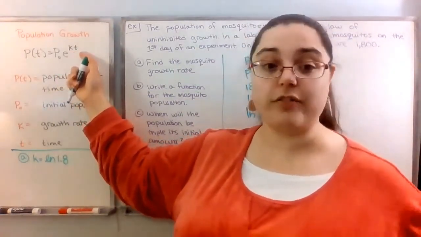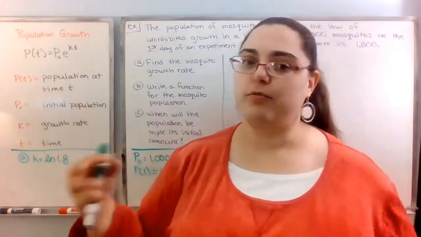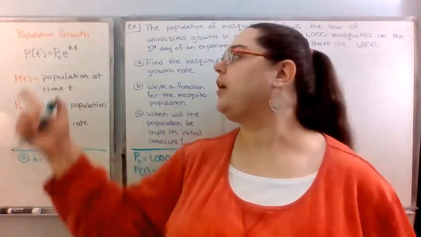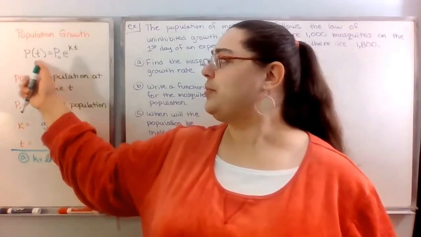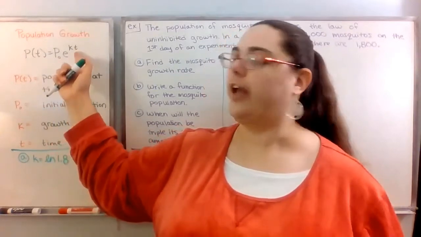And t is our variable, that's time, and that's what's going to be changing. Just like when you have y equals mx plus b, you need to keep the y and the x in the formula. We need to keep P of t and t. t is like the x, P of t is like the y. So we'll sub in the values for P naught and for k.